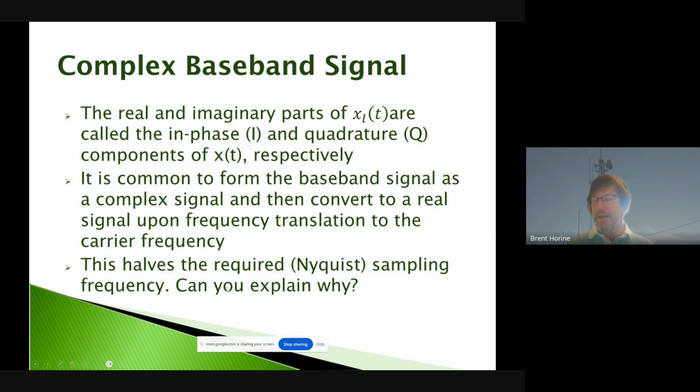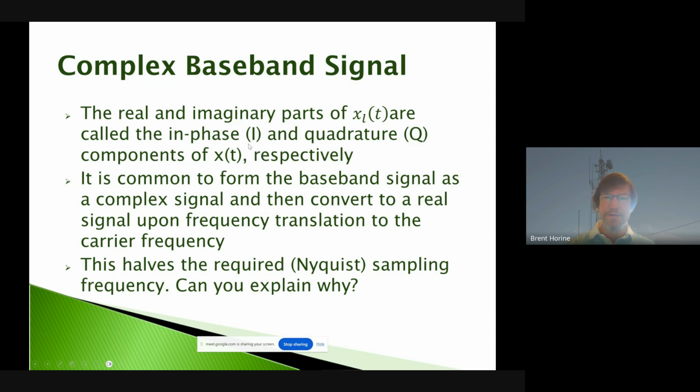Now, the explanation of that is, well, really, you don't get anything for free, because if the highest frequency of X of t is, let's say, 20 megahertz, right? So normally we would need to sample that at 40 gigasamples per second. But if we can sample the I portion at 20 megasamples per second, sorry, messing up my mega and gigas.